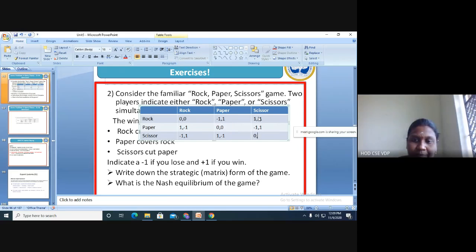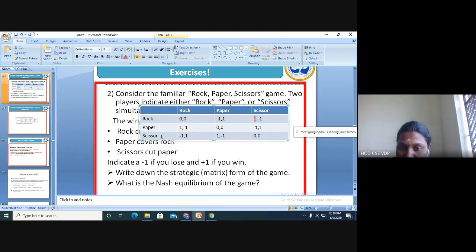Then it's 1, 1, -1, -1, 0, then 0. Okay. Now check if you have dominant strategies, or even otherwise just check with these values and find out whichever value is the highest. Which means you are selecting the dominant strategies with respect to player A, so you compare 0, -1 and 1. So the dominant strategy here is 1. And the dominant strategy for paper is going to be 1 here.